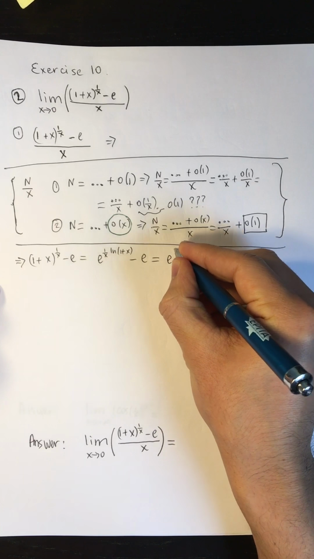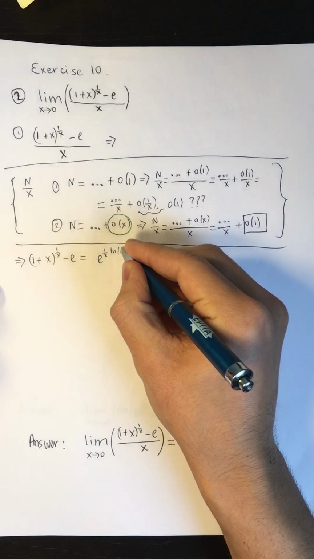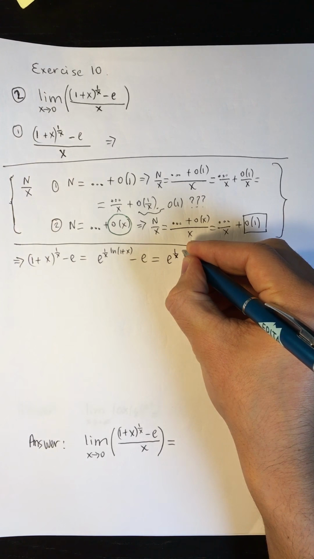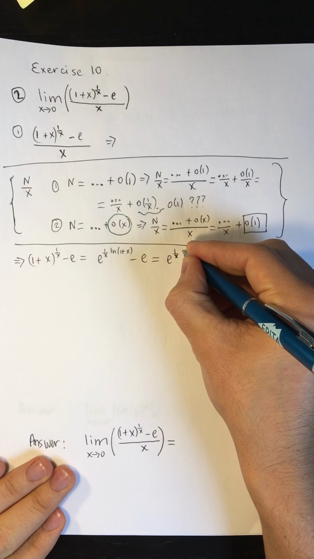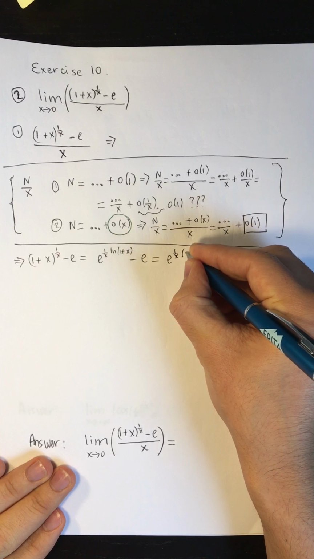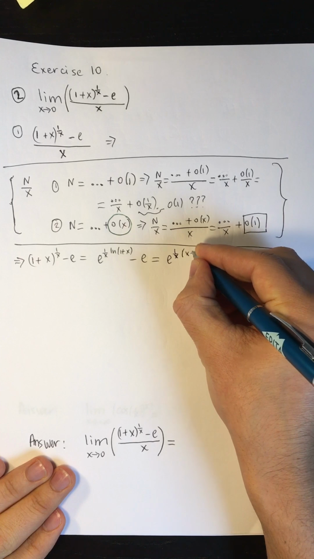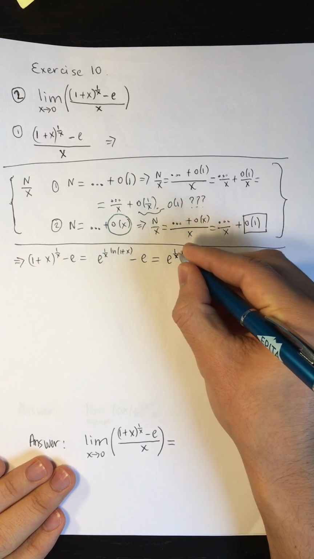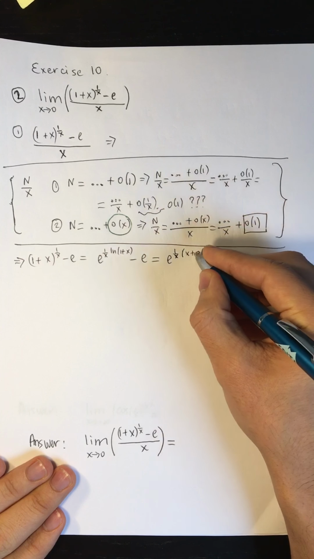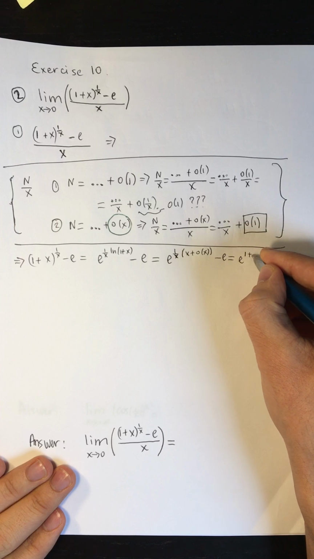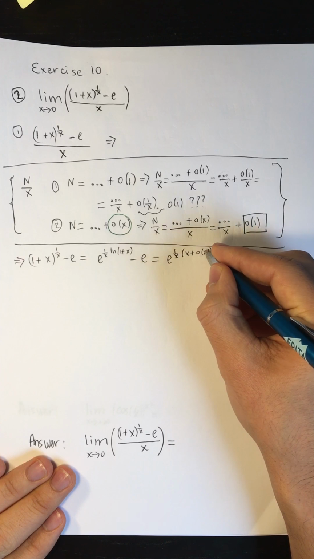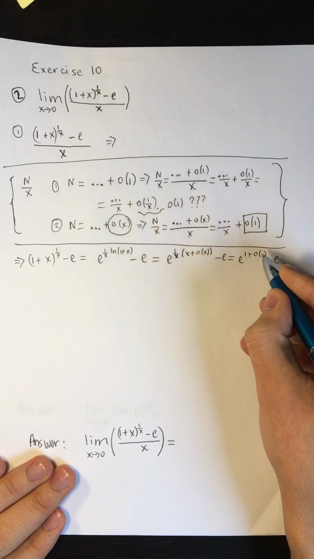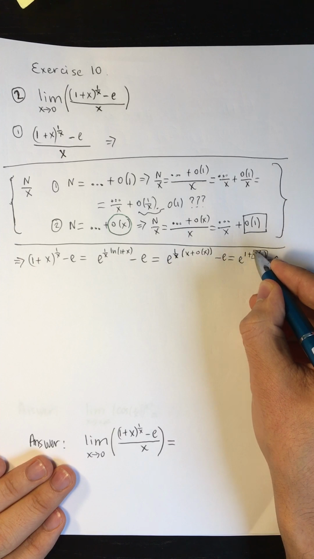So look, if I take the first order here for ln, I'm going to have, let me see the formula, x plus o(x) minus e. And if you multiply this by 1 over x, it will be e to the 1 plus o, this is 1 over x times o(x). It's going to be o(1) minus e. But the thing is, right now, what is o(1)?